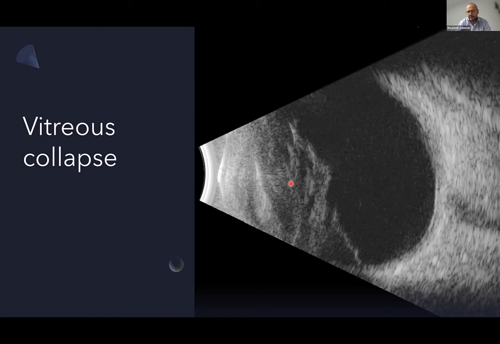However, ultrasound showed me that, well, didn't really show me much. It showed me that the vitreous is collapsed, but I couldn't really say anything more about the quality of the vitreous because this area of ultrasound examination is full of artifacts and it's not very good for the diagnostic process.